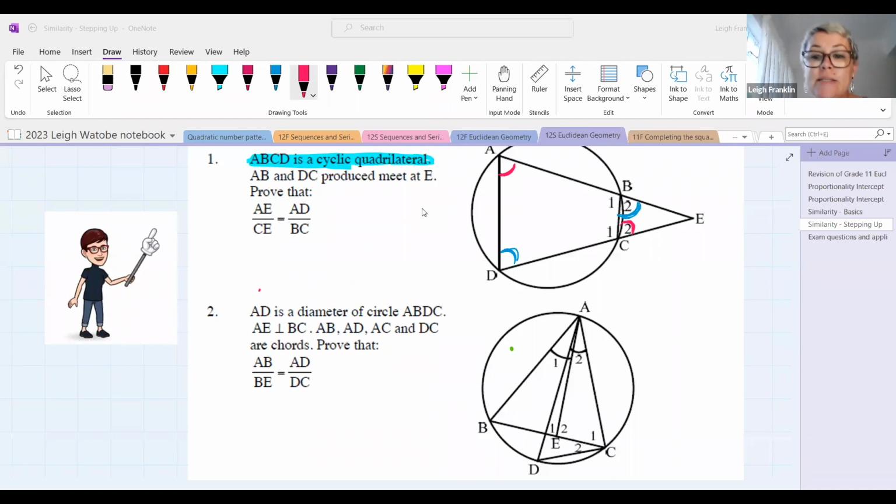AE and DE are not parallel, so B2 and C1 are not equal to each other. Okay, so what's important with this question? Let's just have a look, Raphael. Yes, Raphael, that's correct, what you've just written to me. Yes, 100%.